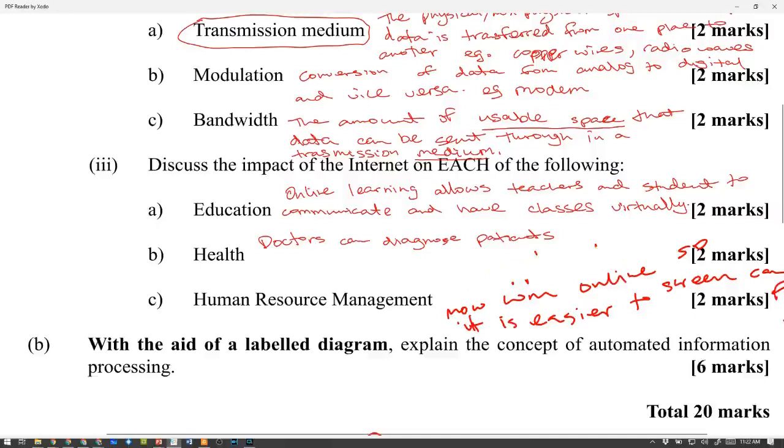Remotely. Yeah, the doctors could diagnose patients remotely by sending files over the internet.